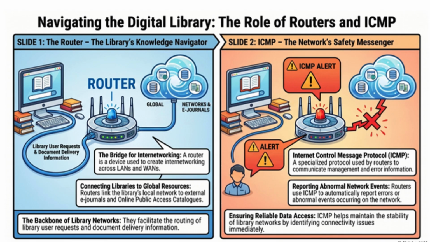So if a pathway goes down or a server becomes unreachable, ICMP sends an error message back to the source. It basically acts as a digital flare gun. Help, this path is broken. Exactly. And for moving the actual data, routers use BGP, the Border Gateway Protocol. BGP is responsible for routing information between entirely autonomous systems across the global internet.